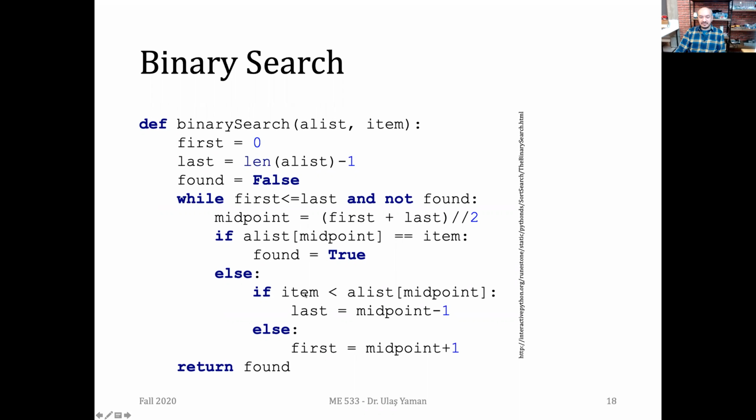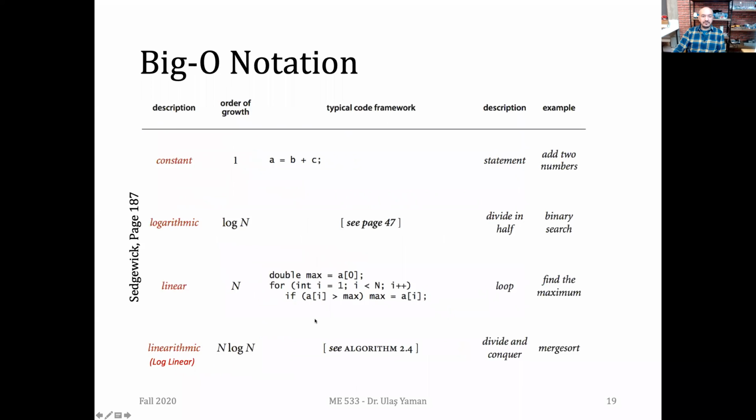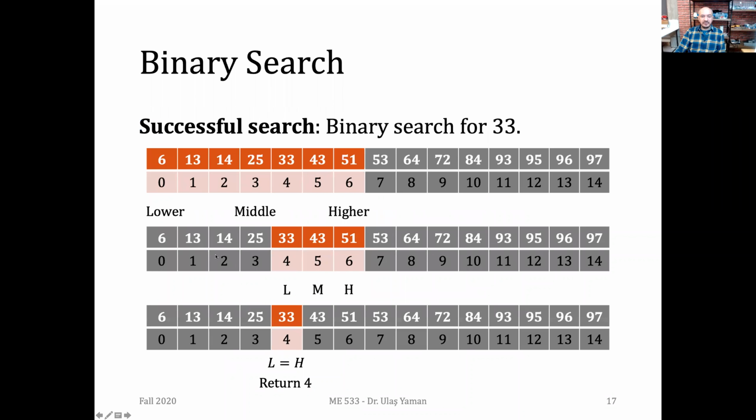We try to assign new lower or higher values. So if you look here, for instance, we checked the middle value 25, and 33 is not equal to 25, and I have seen that 33 is on the right-hand side of the region. So that's why in the next loop we are going to focus on the right-hand side, not on the left-hand side.